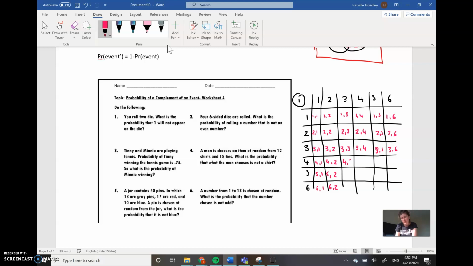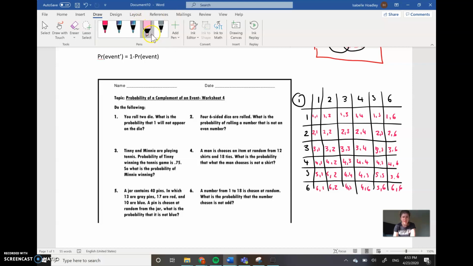This is a 4, 3, 4, 4, 4, 5, 4, 6. Oh, that should be a 5, 4. Anyway, it doesn't really matter. 5, 5, 5, 6, and then 6, 6 there. Okay, so here's all the things that can happen when we roll a dice.